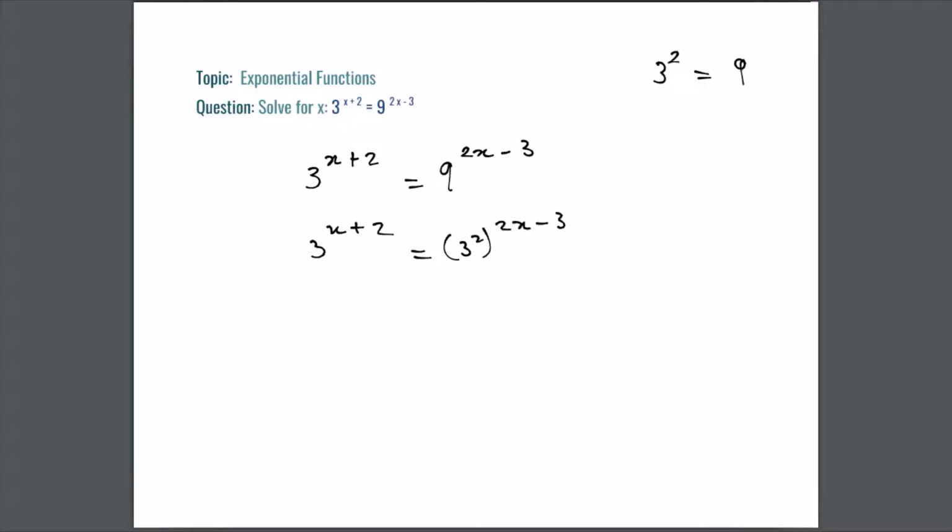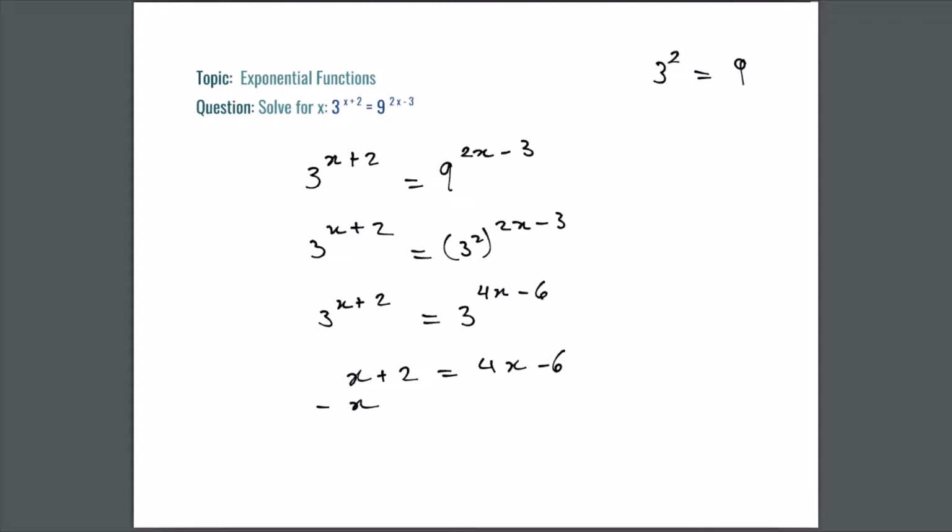Now we need to multiply the exponent 2 with 2x minus 3. So we will get 3 to the power 4x minus 6. If the bases are the same, then the exponents must be equal to each other. So x plus 2 is equal to 4x minus 6.